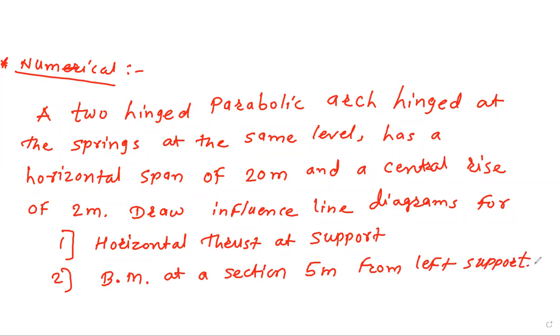Okay, two hinge parabolic arch, hinge at the springs at the same level, has horizontal span of 20 meter and rise is 2 meter. We have to draw the ILD for H, horizontal thrust at support, and bending moment at 5 meter from left support.